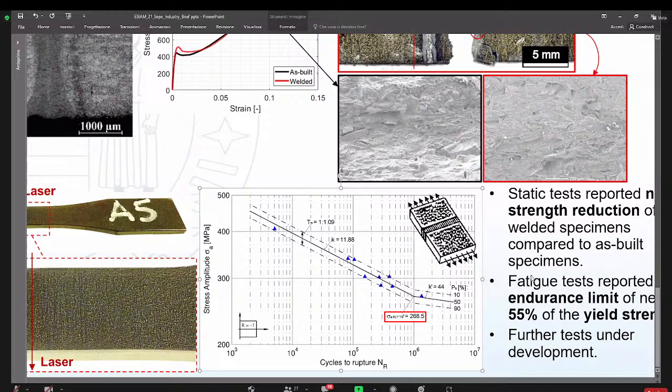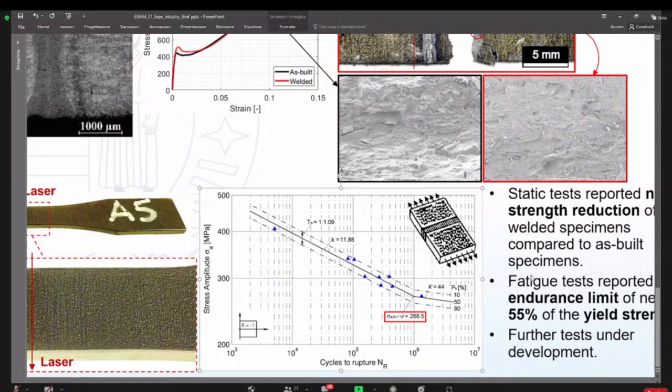Thank you for your question. These are just preliminary results. These are based on tests at R-1, so zero mean stress. We are currently performing further tests at lower load levels, so as to pinpoint the knee point of the Wöhler diagram or curve.